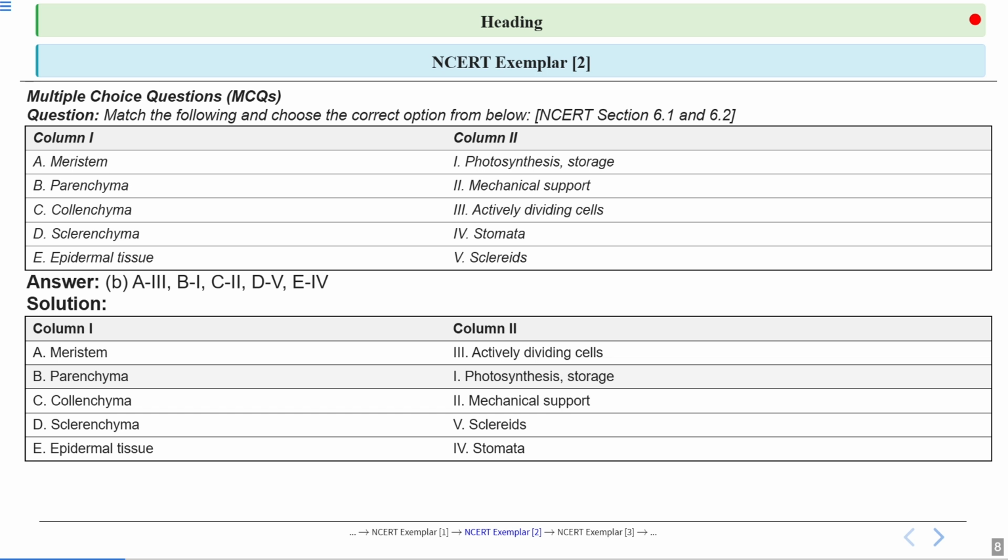The examples are fibers and sclereids, so it matches with the fifth. Epidermal tissue: on the epidermis we find the stomata, and stomata are also modified epidermal cells, so it matches with stomata.